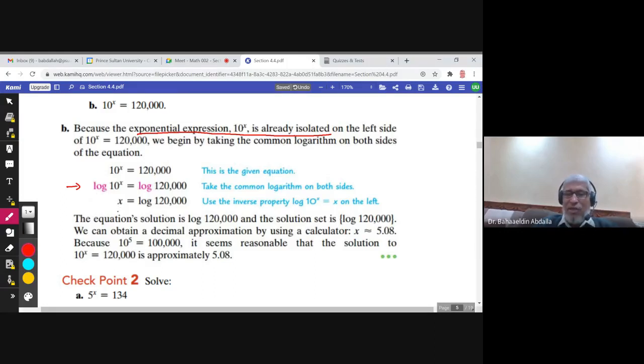So x would be log 1,000,120 thousandths. Okay, this would be the answer. If you want to find an approximation of the answer, you can use the calculator to get log 1,000,120 thousandths. You will get 5.08.